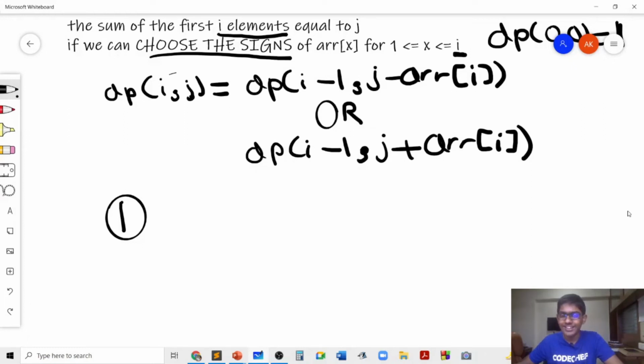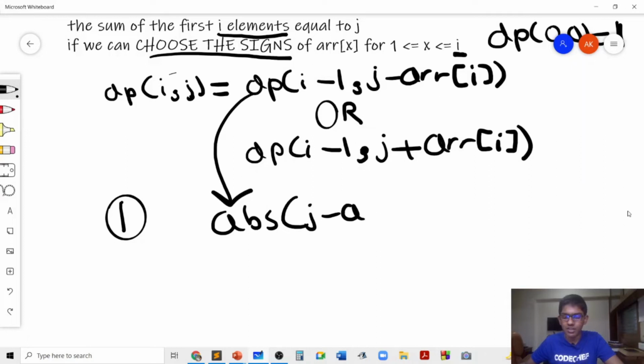That's why in the first case over here we'll just do the absolute value of j minus array[i], and not this thing, because this thing can be negative, and I just told you the argument for why the absolute value works.